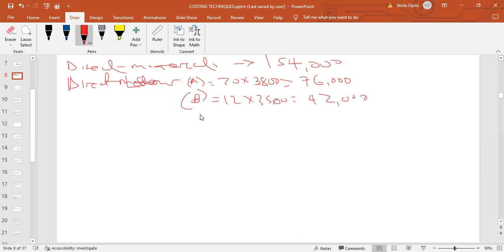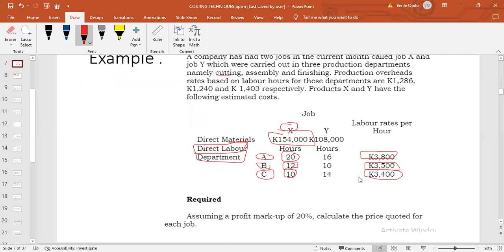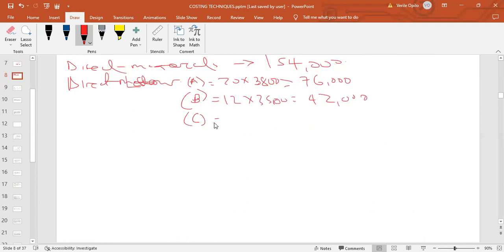Then now we have department C. And for department C, we have 10 hours, and each hour to produce product X is going to require 3,400. So we have 3,400 multiplied by 10, which should give us 34,000. So that is for the direct labor.